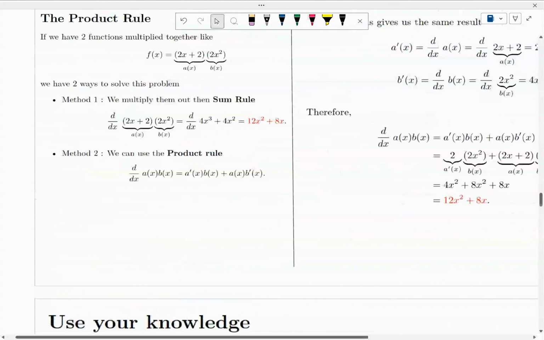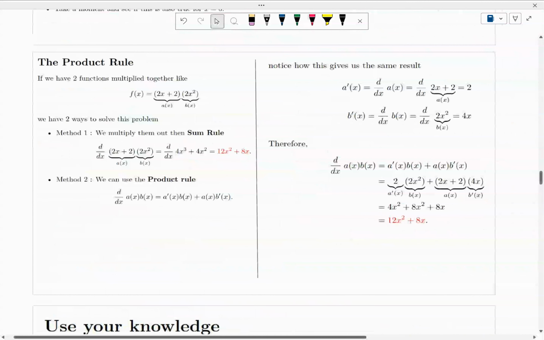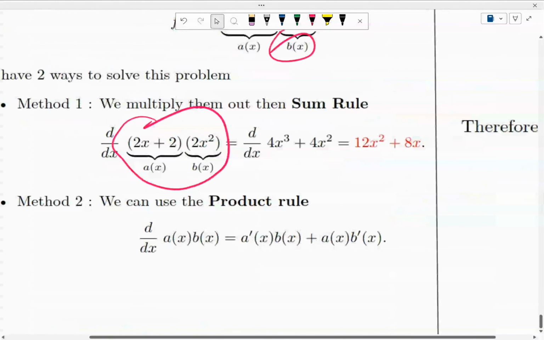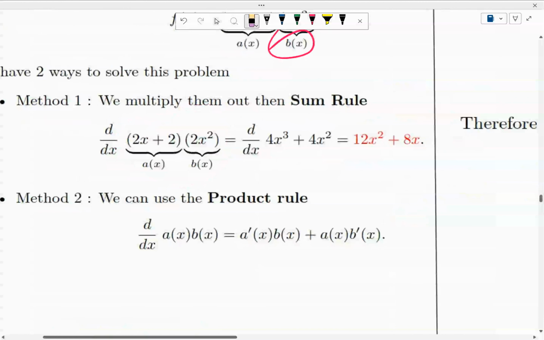The next one we have is called the product rule. The product rule deals with functions that look like this. Now, you can just multiply this out. One way to do it is you treat this as a function, ax, bx, and you actually multiply them out when you're taking the derivative. So this becomes 4x^3, and now you can just use the sum rule. So that's one way to do it.